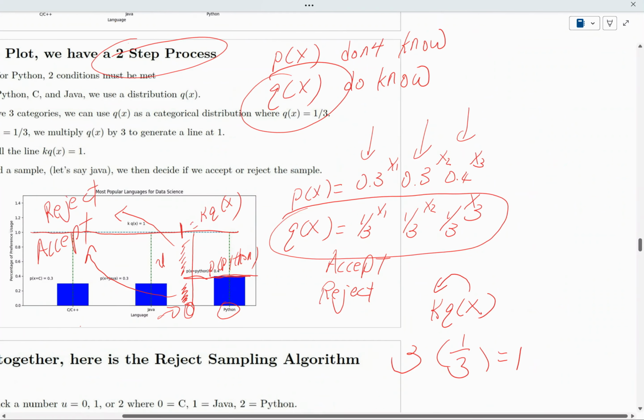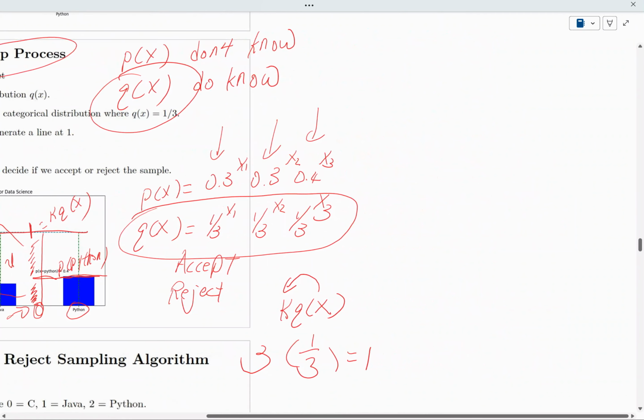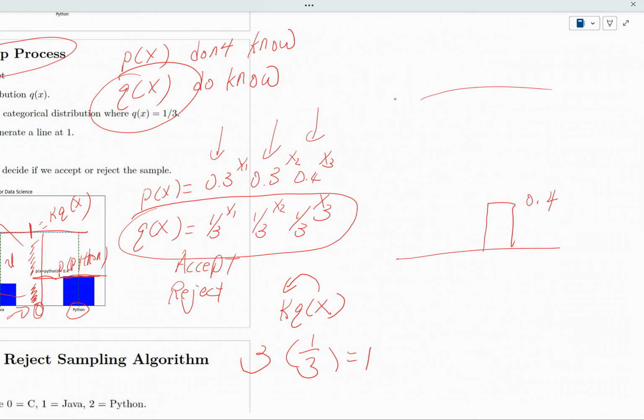Think about this a little bit more. If you have 40%, and over here is 1, how do you mimic accepting at 40%? Well, you can just generate a number between 0 and 1, and if it falls into the 40%, we accept.